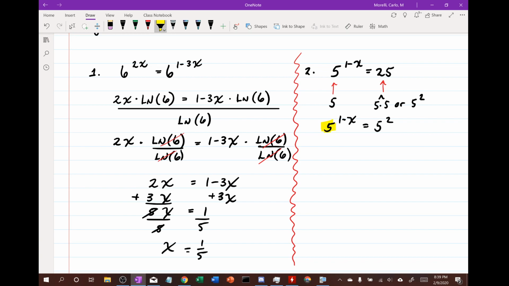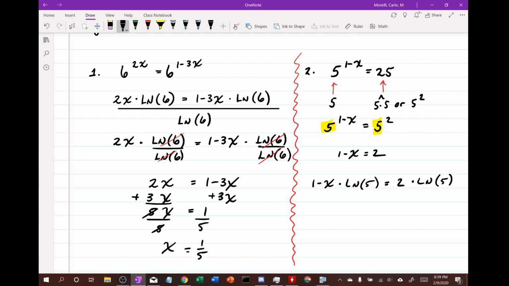Now, when these bases are the same like this, we can just drop them entirely and set 1 minus x equal to 2. The reason we can do that is because what we're really doing is saying 1 minus x times ln of 5 equals 2 times ln of 5.